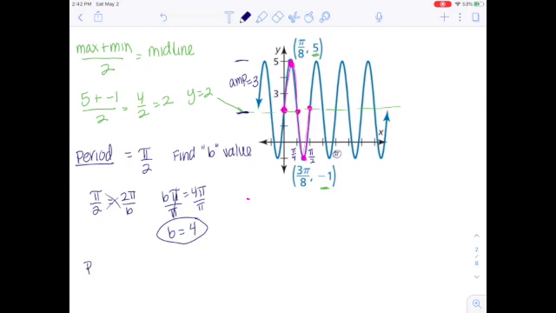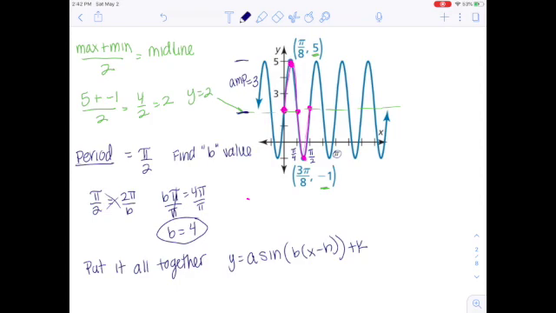Let's write our equation. So put it all together. We've got y equals our general form, a times sine of b times x minus h, plus k. Now I don't actually have any h or k.